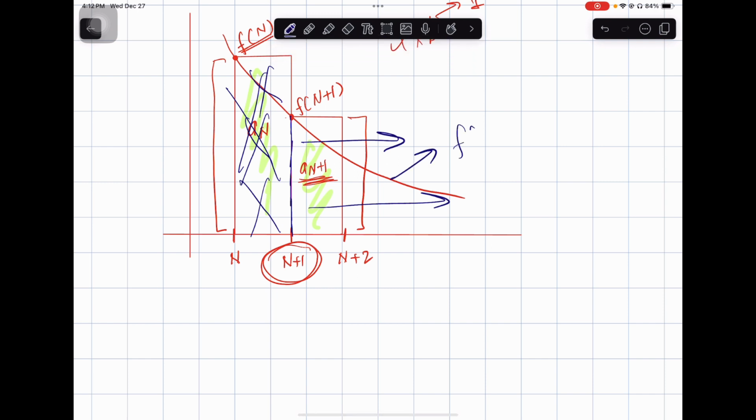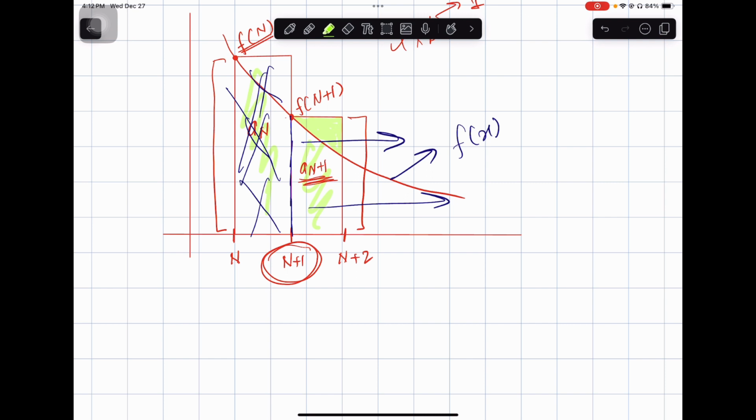Now if you see, the area enclosed by the curve f of x is less than the sum of the areas enclosed by the rectangles, because you can see small triangles like this one are greater than the area enclosed by the curve.